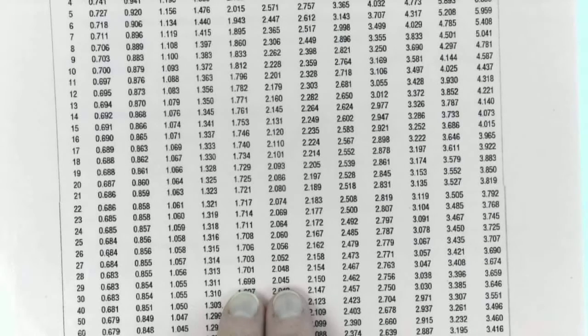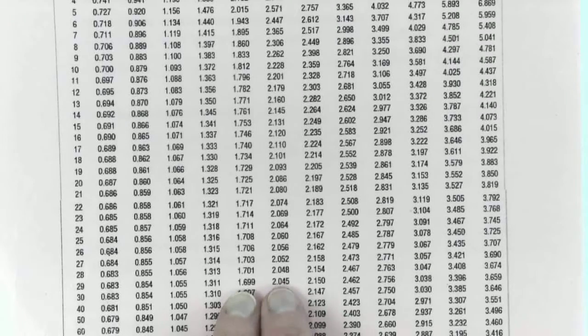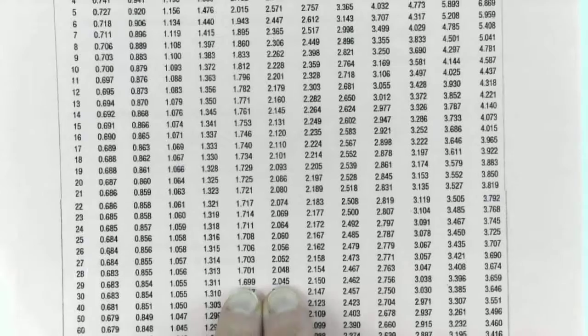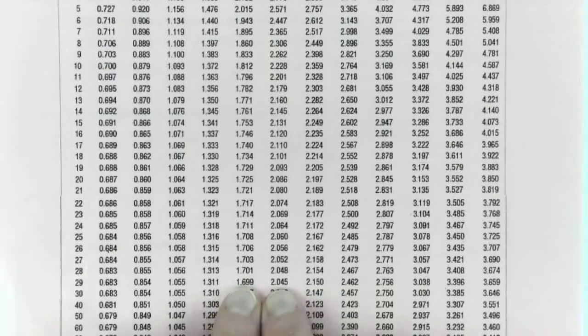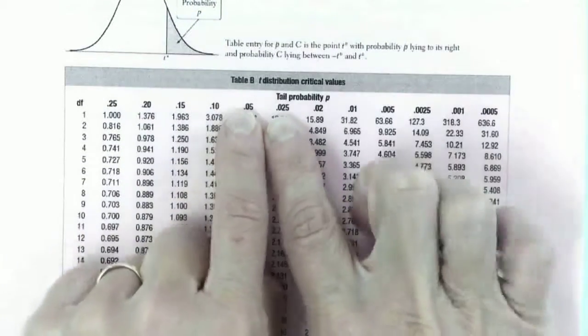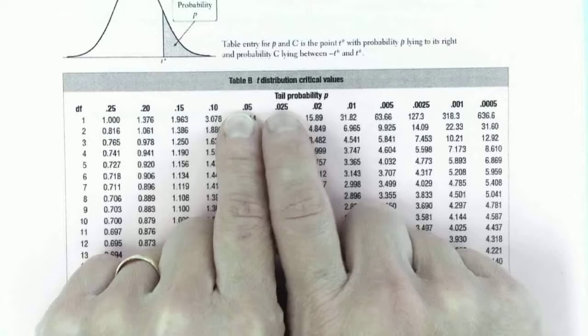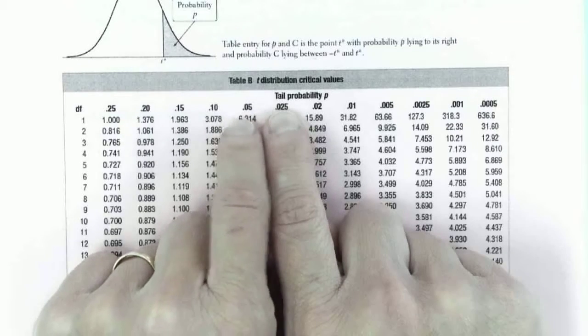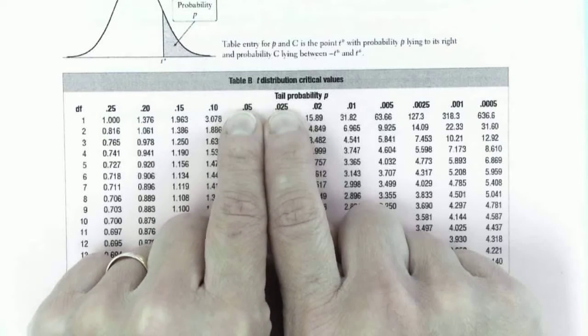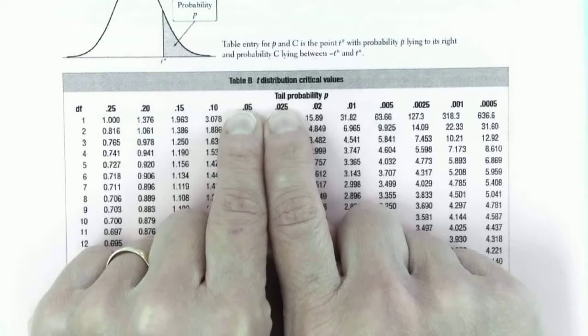That's a little smaller than what I need. And 2.045, that is now over my test stat. So we know our test stat is falling in between these two values. So slide to the top of the table. There's the tail probability. So between 0.025 and 0.05 would be the area in the tail.